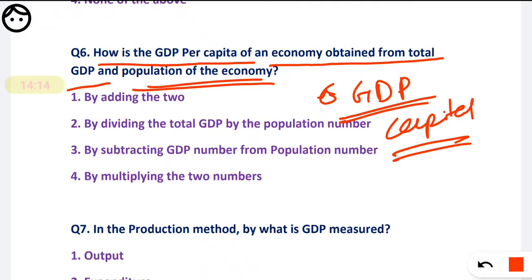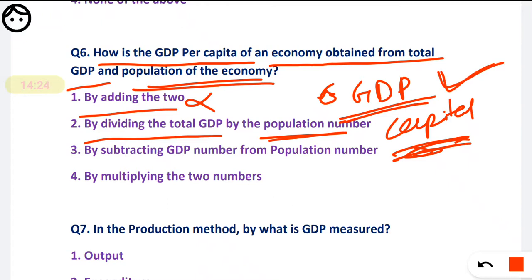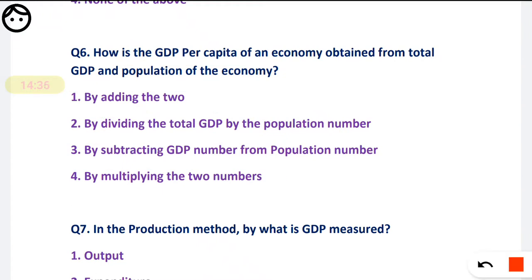The answer is by dividing the GDP by the population. Yes, it is correct: GDP per capita means GDP divided by population. So the second option is correct. By subtracting is not correct, by multiplying is also not correct. It is a very easy question, the name itself is self-explanatory.